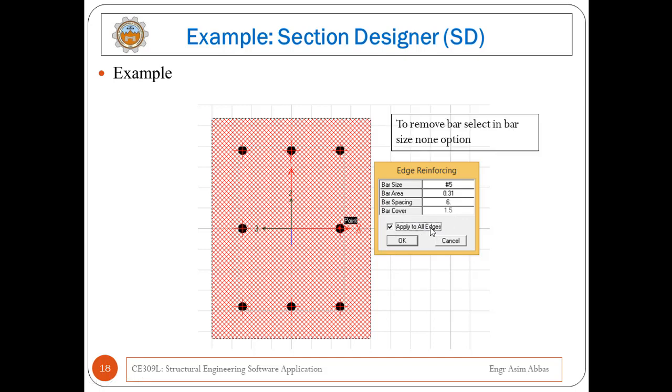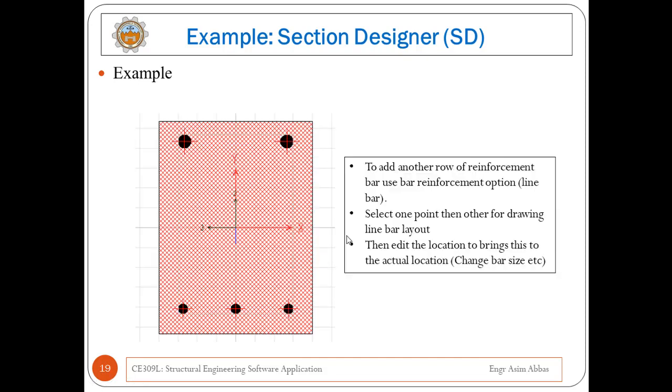Okay, in order to remove a particular bar, you just choose a bar size of none, right? So the bar at that location will be removed. Okay, once you have removed all the other bars which are not given in the example, then you will add the bars where you require. For that you just click on the reinforcement option.